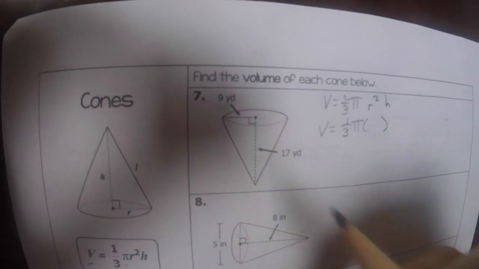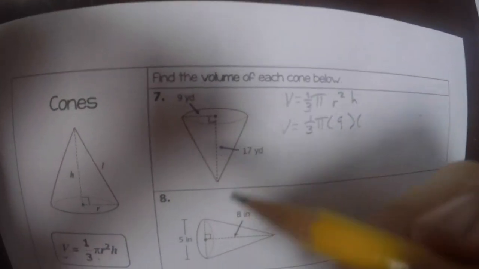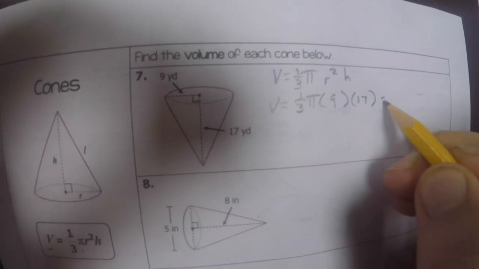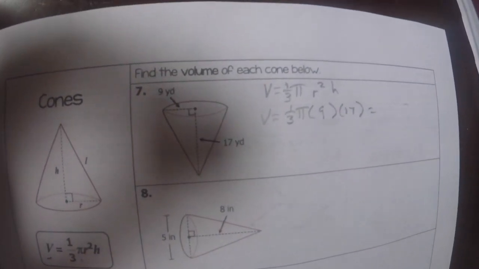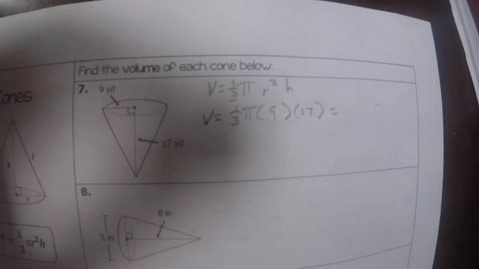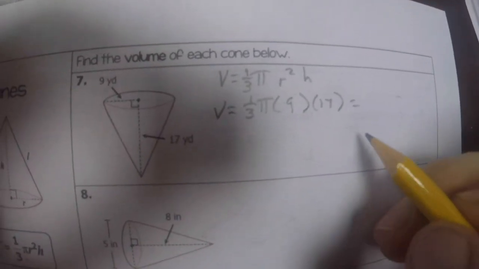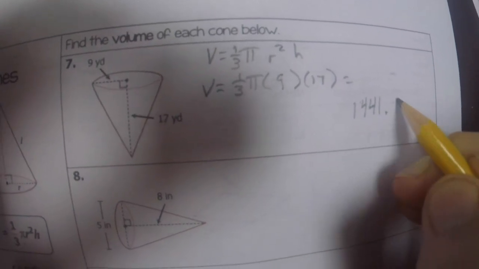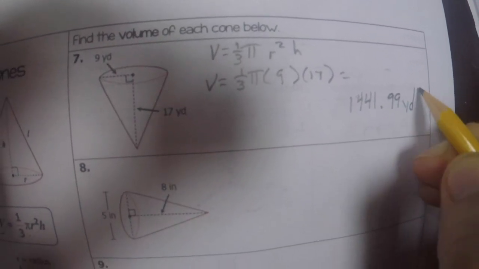Well, they gave it to us, 9, times the height, 17. Multiply all those together, 1/3 times pi times 9 times 17, and we get 1,441.99. We're in yards, and we're cubing.